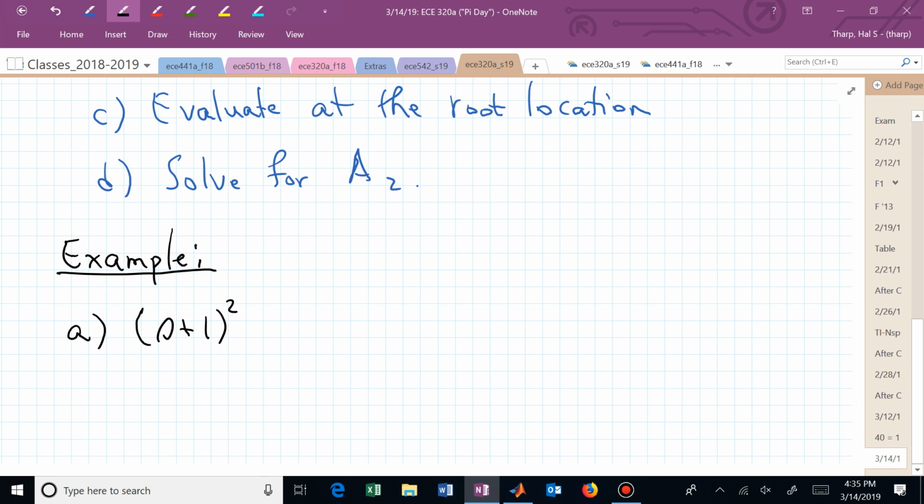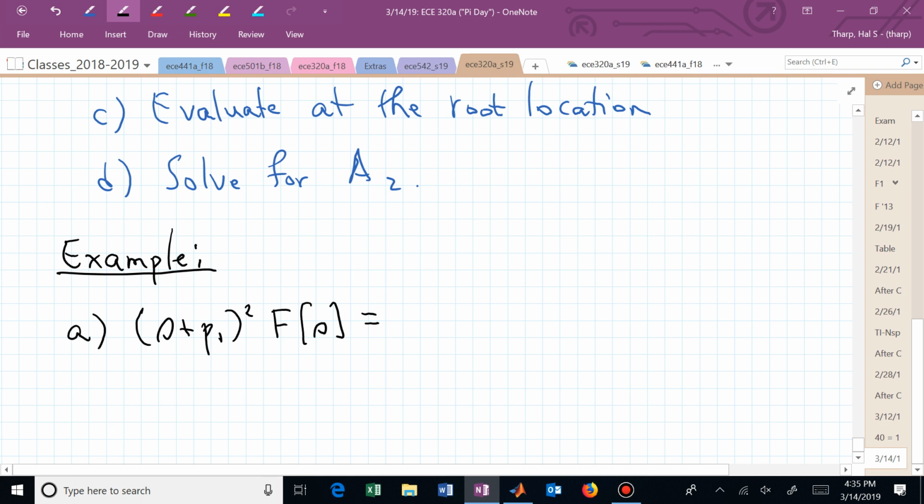Can I? Not without doing another example. All right, so this is going to get scary. Let's do it in terms of unknowns, and then we can plug ours in that we had before. So we had, for example, s plus p1 squared times F of s.